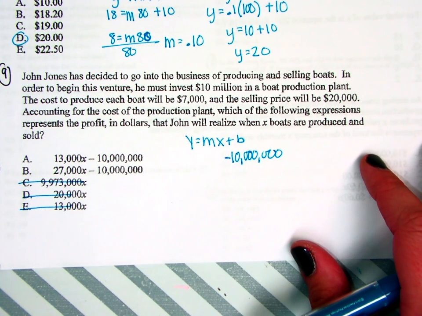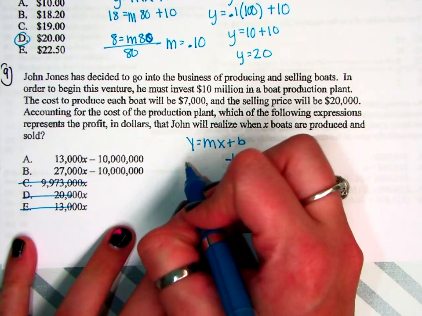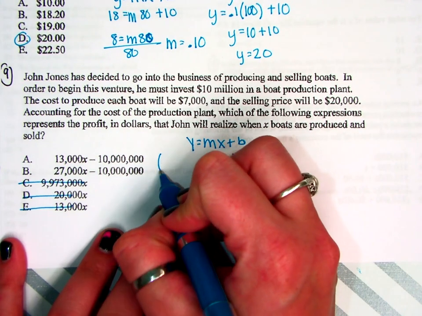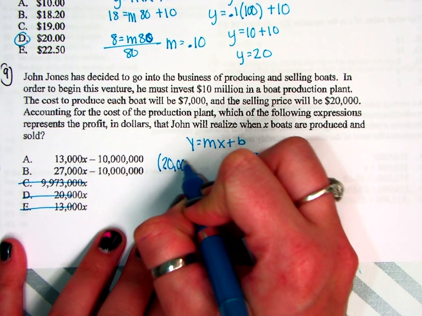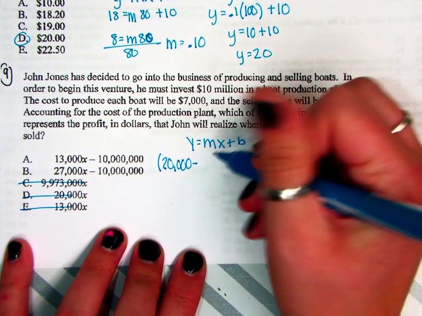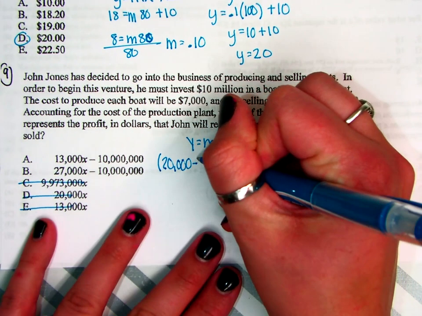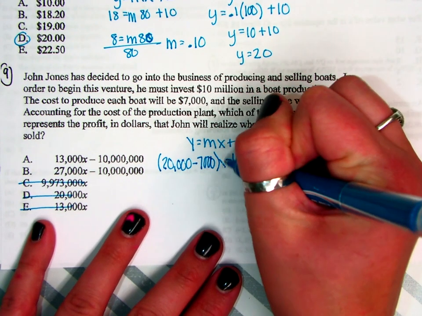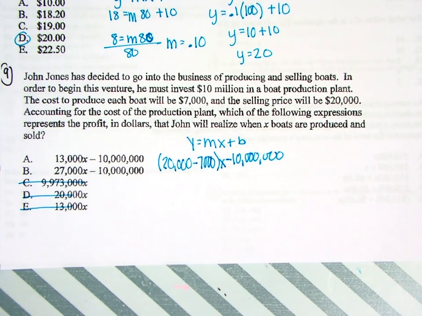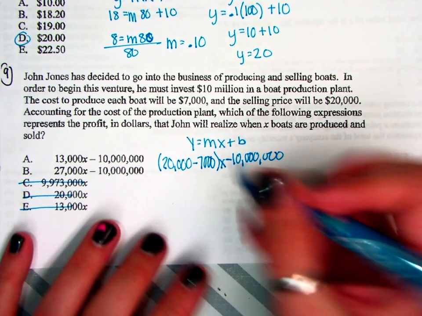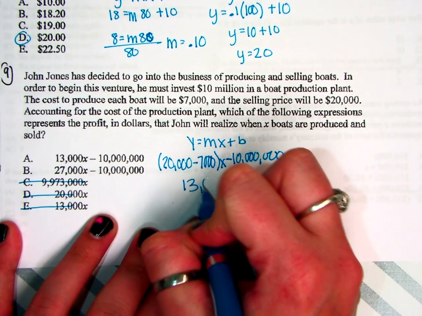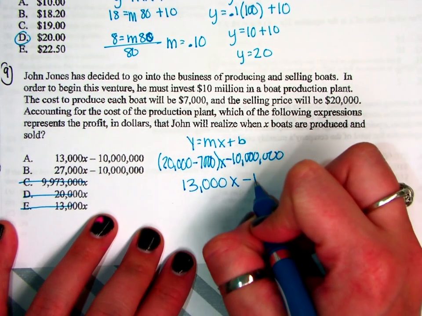The difference between these is, for each boat that he is selling, he sells them for $20,000, but he already spent $7,000. So we're trying to remove the $7,000 it costs. The profit that he is making is $13,000 per boat.